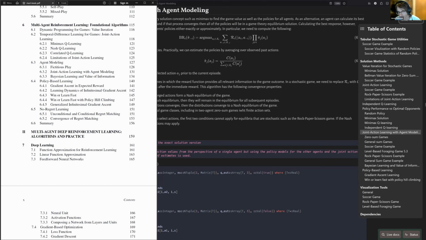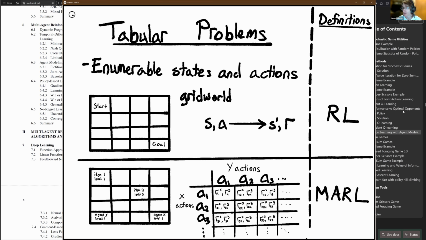I wrote out some notes that I thought might be easier to look at than some of the material in the book. For this overview, I'm going to compare some of the things we learned from reinforcement learning, so if people are familiar with ordinary reinforcement learning, you can make some connections between the topics here.